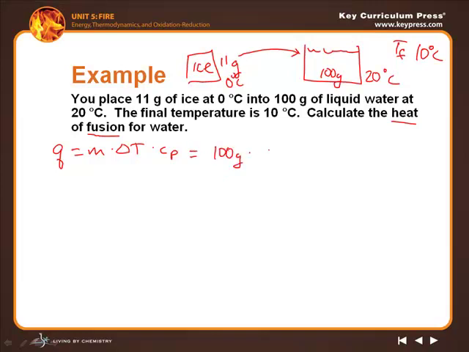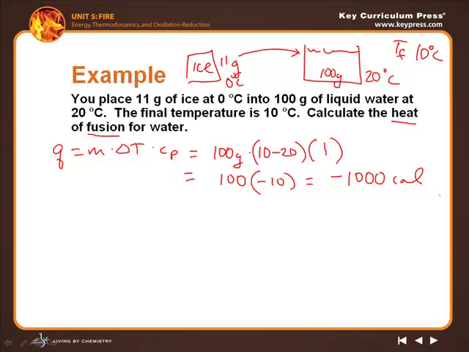Change in temperature goes from 20 to 10, so 10 minus 20 is the change in temperature. Specific heat capacity is 1. So 100 times negative 10 times 1 equals negative 1,000 calories.